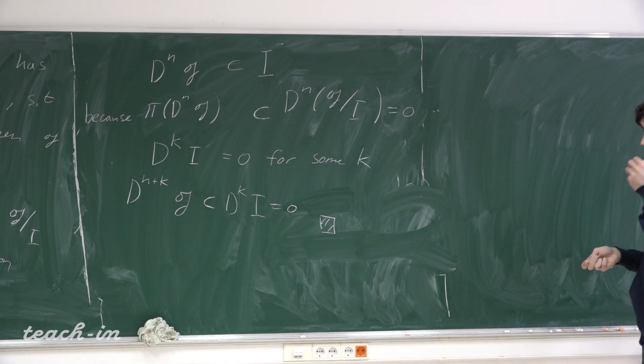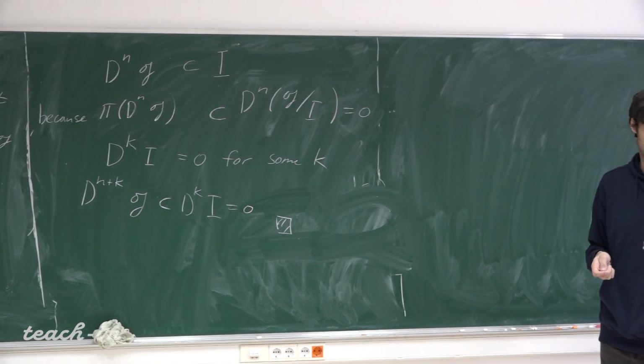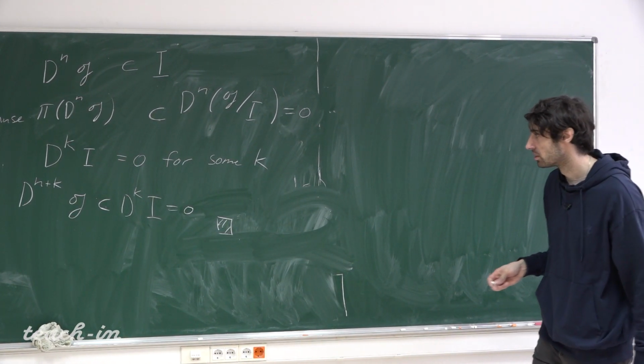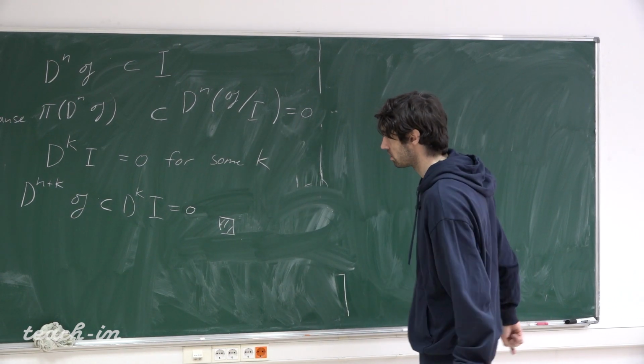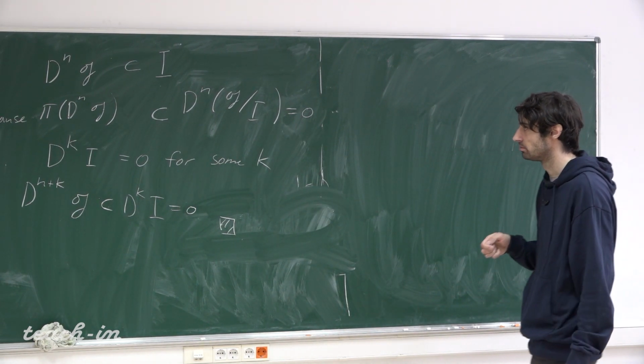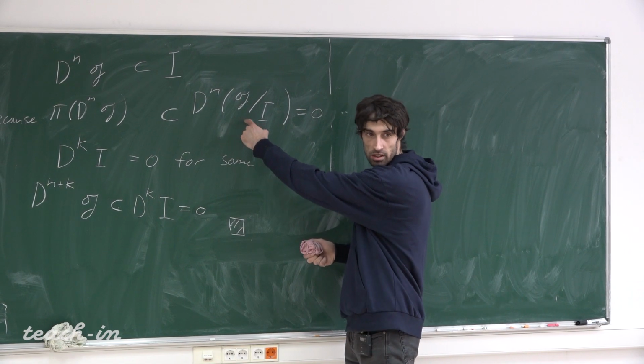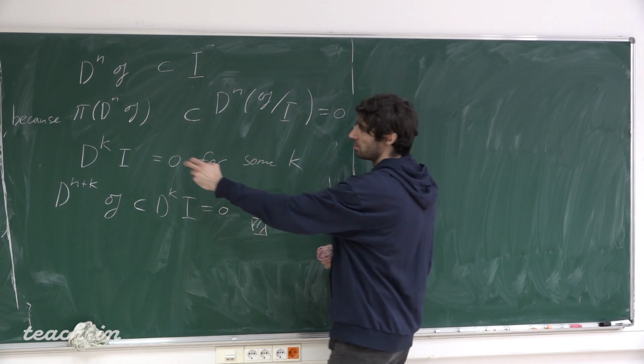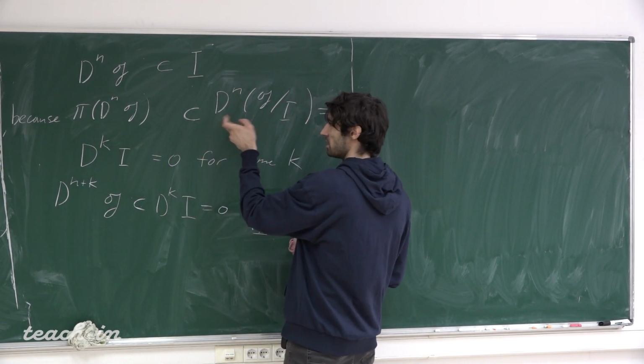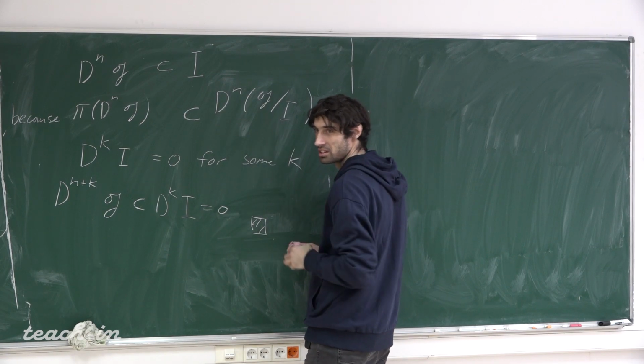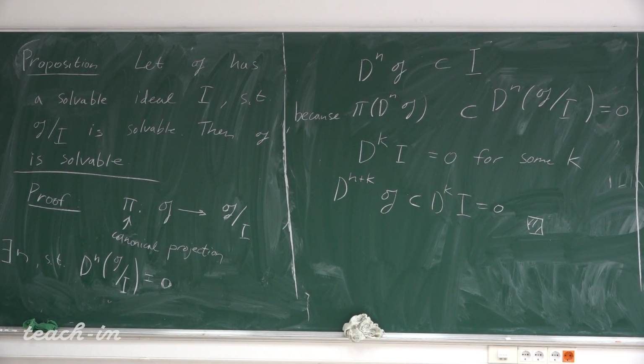You can prove it by induction, I guess. So that's where we use it. Because this is pi of g, so pi of d^n is inside d^n of pi.